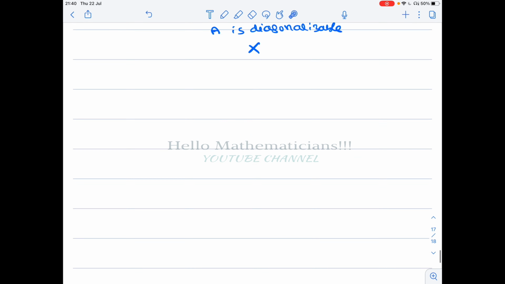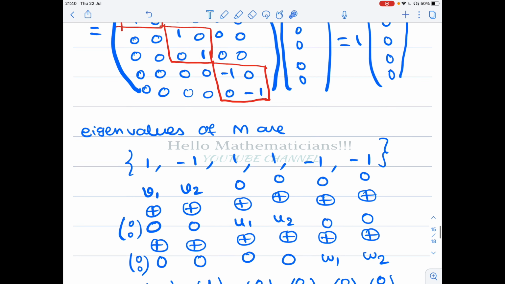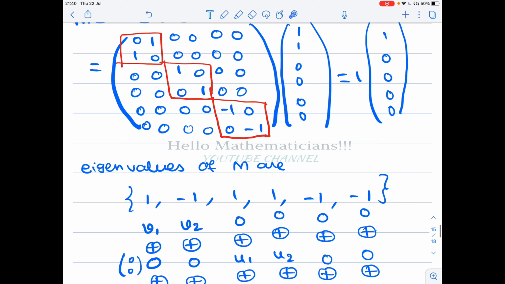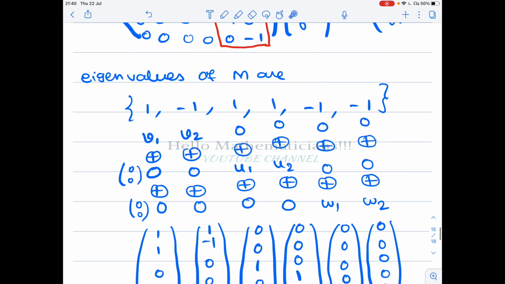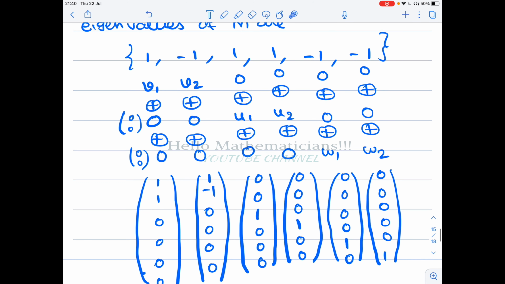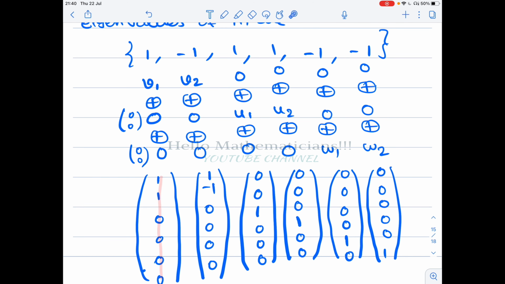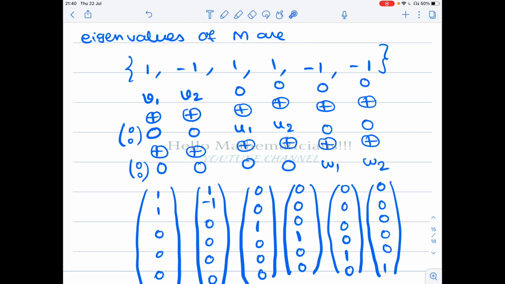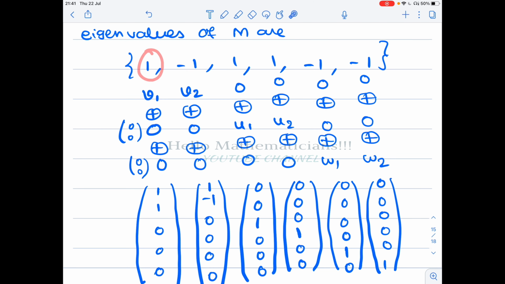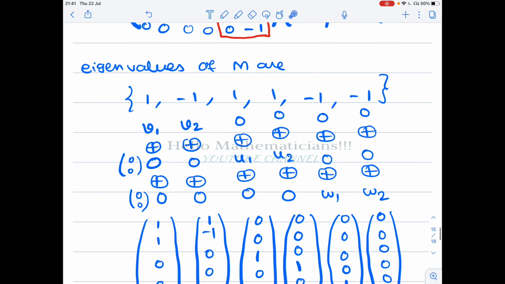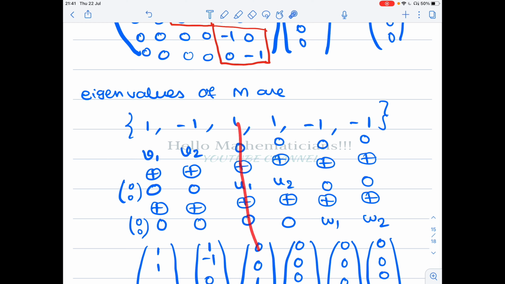Maybe I will just go back to that example once again. The algebraic and geometric multiplicity of the eigenvalue 1 for the matrix M is equal to, see, 1 appears once here and twice here. So the geometric multiplicity of the eigenvalue 1 in M is equal to the geometric multiplicity of the eigenvalue 1 in A plus the geometric multiplicity of the eigenvalue 1 in B. Here 1 doesn't appear, so we don't have that.